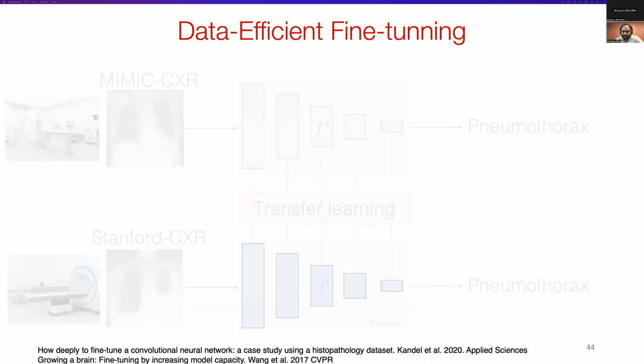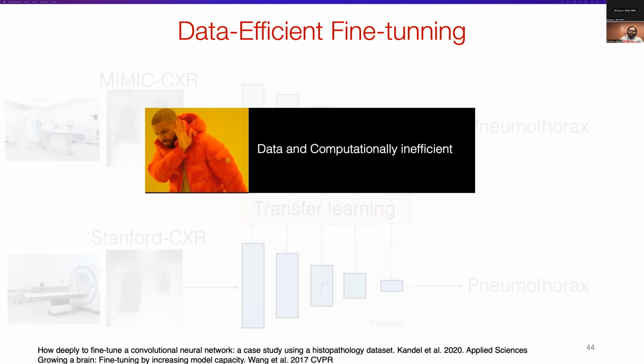Now, this entire thing is data and computationally inefficient. Why is it data inefficient? Because you are using the whole Stanford CXR dataset, which is huge. Why is it computationally inefficient? Because you are fine-tuning the feature extractor, like all the convolution layers and the classification head.